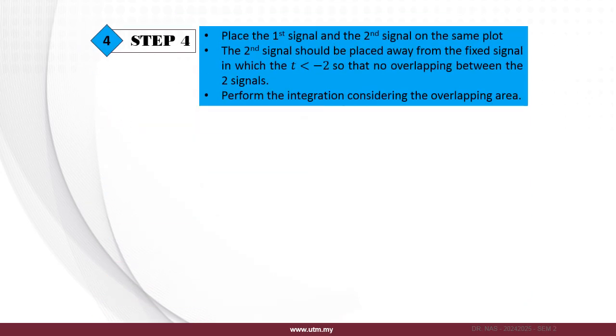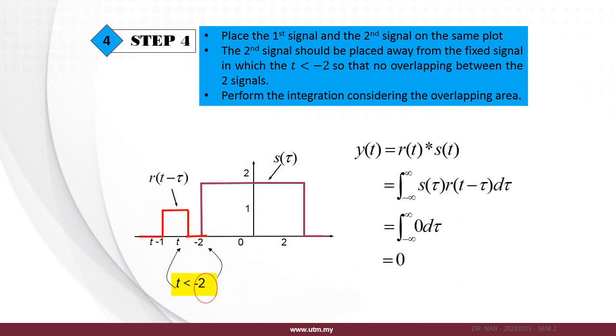Okay, step 4, you need to place both the first signal and the second signal on the same axis, or the same plot, and then you need to place the second signal a bit far away from the fixed signal, so that there is no overlapping between the two signals. Then you need to perform integration considering the overlapping area.